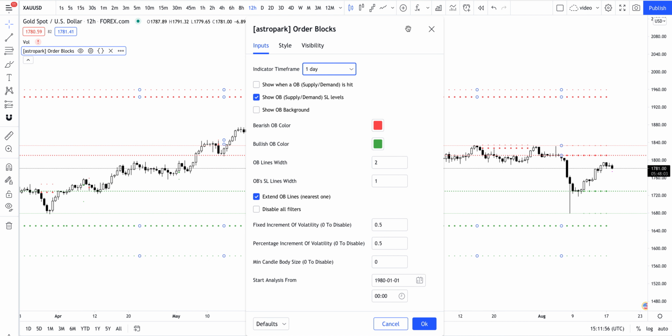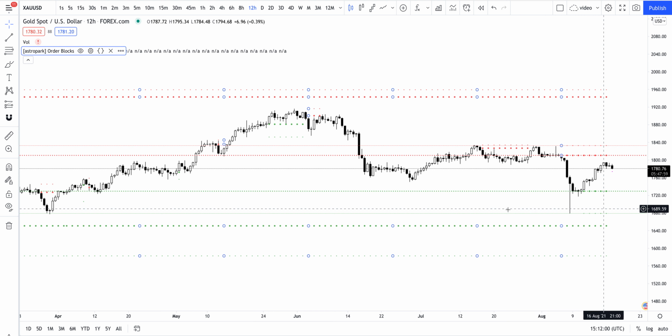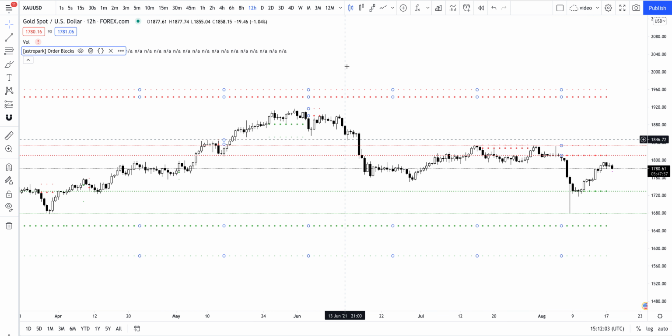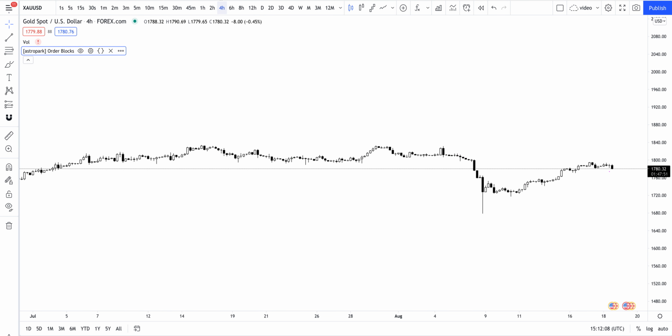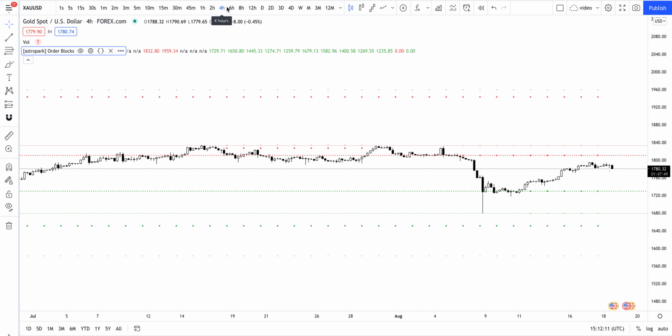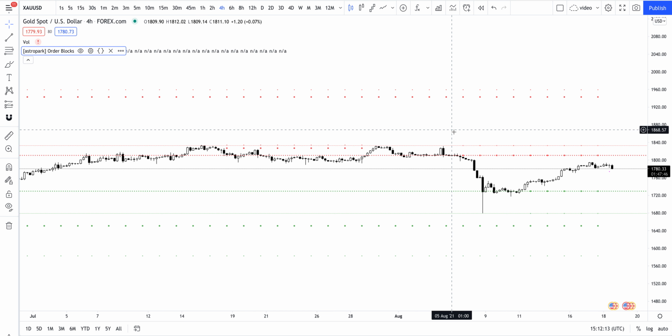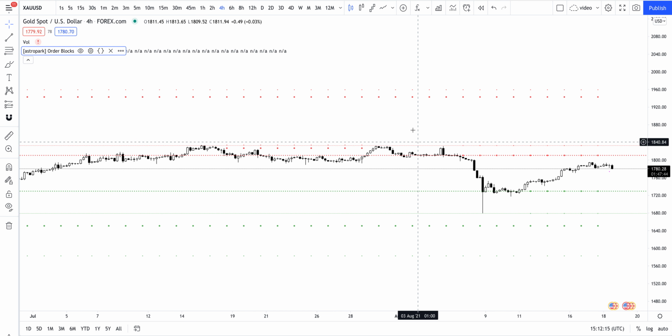So for example, I'm on 12 hours, and I see the demand zones that I would see on a daily chart. This is especially nice if you trade, for example, on a 1 hour. I want to see a stronger demand zone, so the daily demand zone.